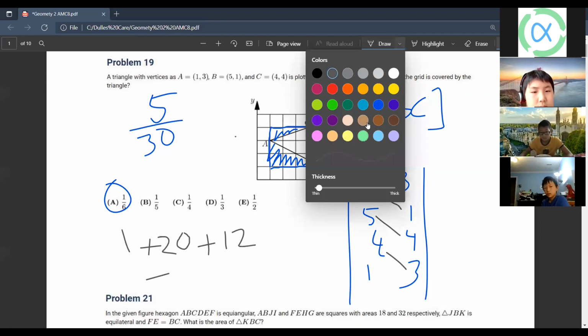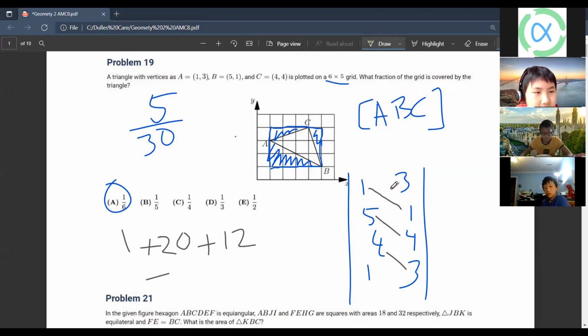What's 3 times 5? That's 15. Minus what's 1 times 4? That's 4. What's 4 times 1? That's also 4. So in conclusion, we get 1 plus 20 plus 12, so that would give us 33.